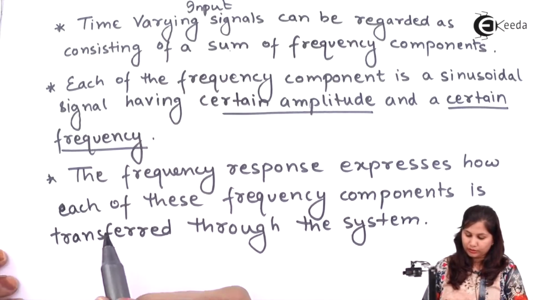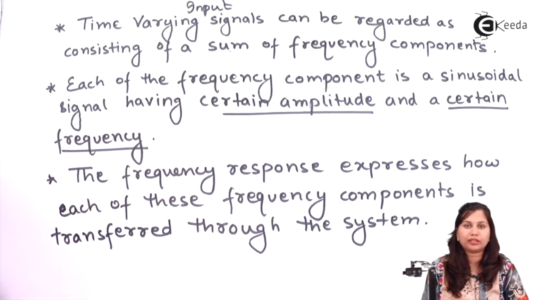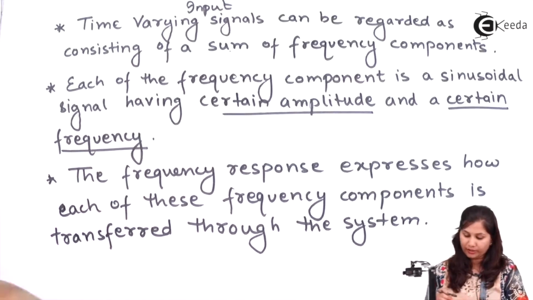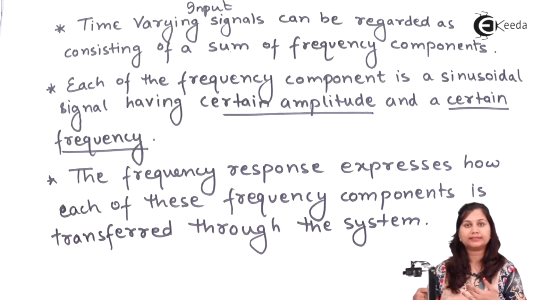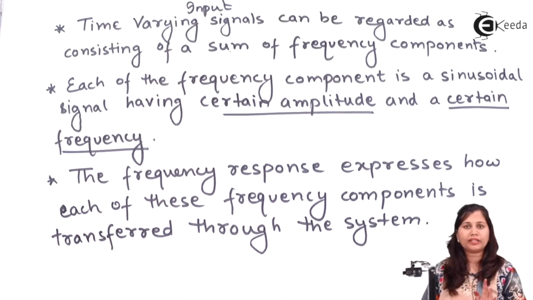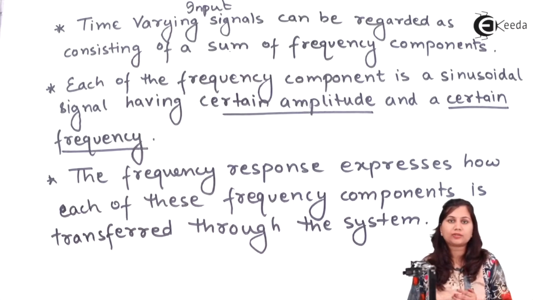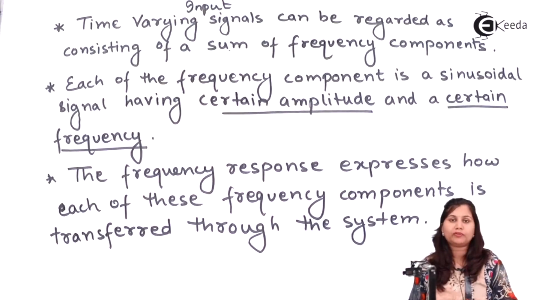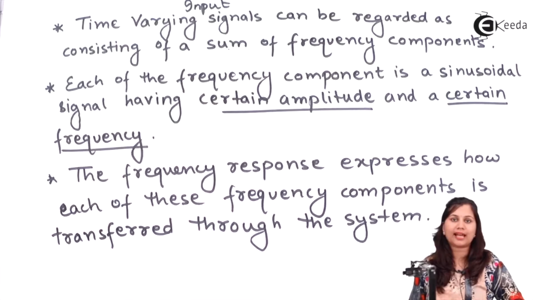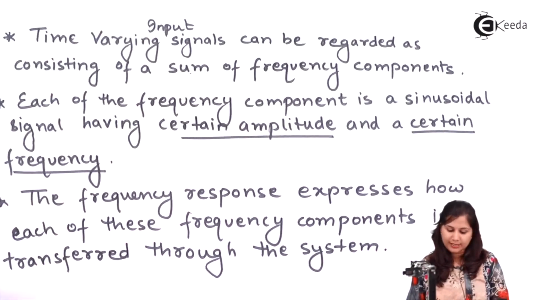Out of these frequency components, it may be possible that some are attenuated, or they can be modified, or some noise can be introduced, or there can be some phase difference. There may be some modifications caused when these frequency components pass through the system. So the output which we will get will be something different, because some modifications have been done while these frequency components are transferred through the system.